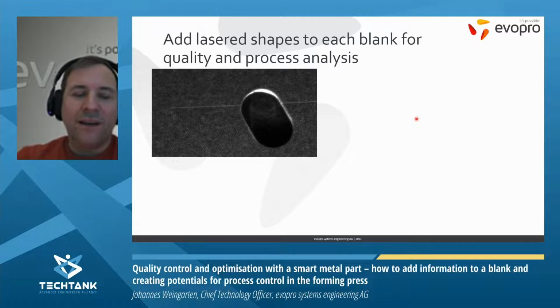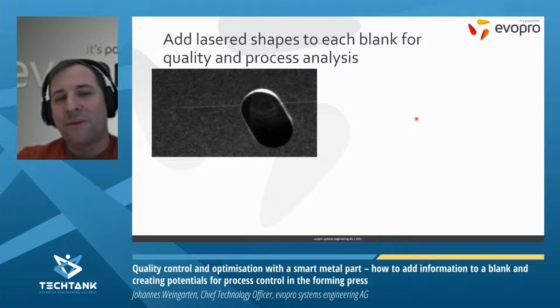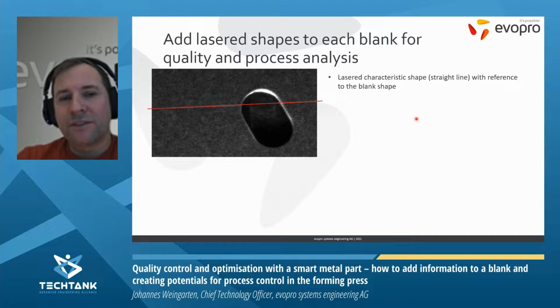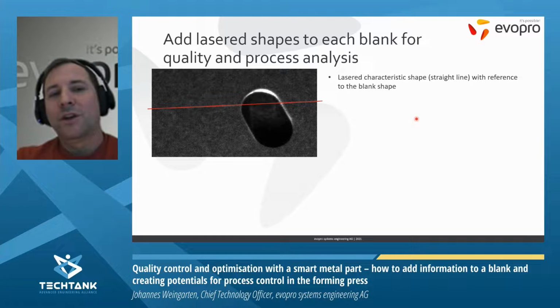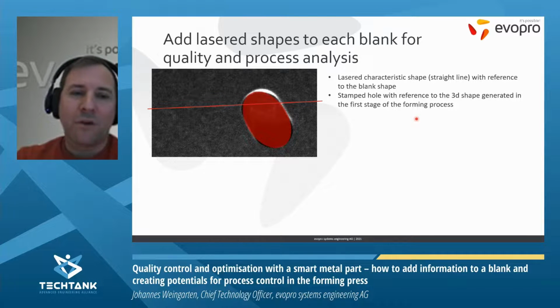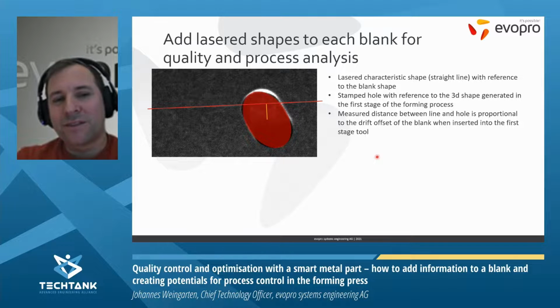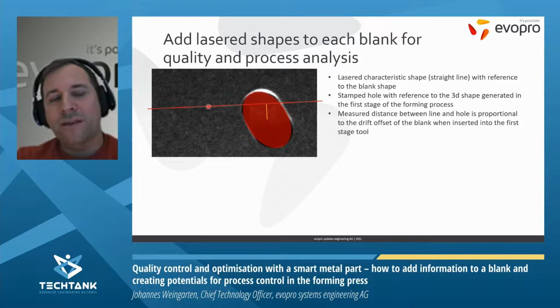I just want to add one last topic when we think of laser shapes, because there's an interesting thing about noticing quality issues. When you think of having a characteristic shape, like a straight line, with a reference to the blank shape, and you have a hole that is stamped within the forming stage, this has the reference to the 3D shape, and then you measure the smallest distance between the center of the hole and the line.